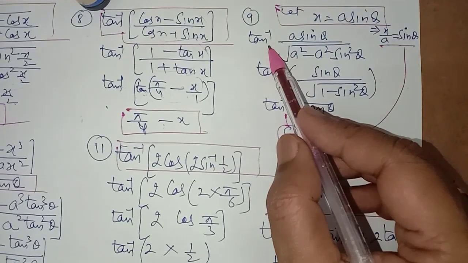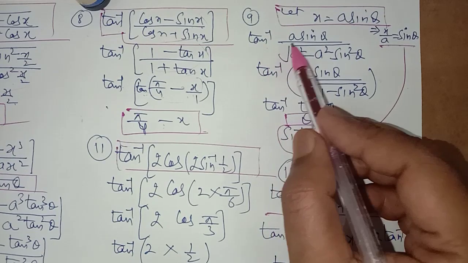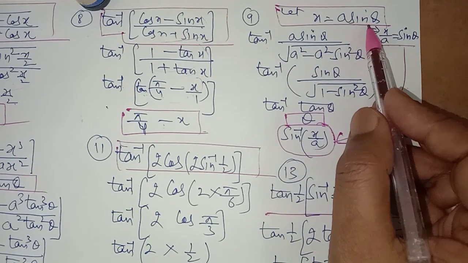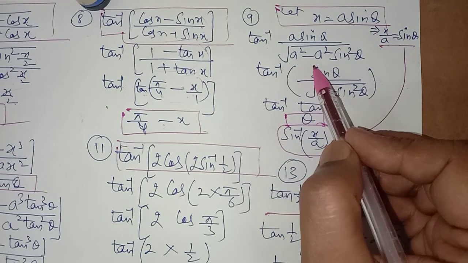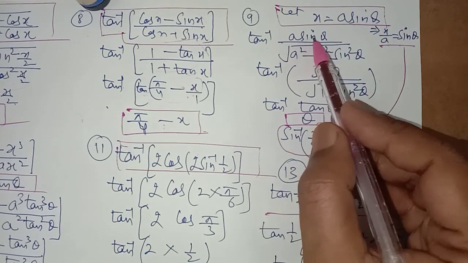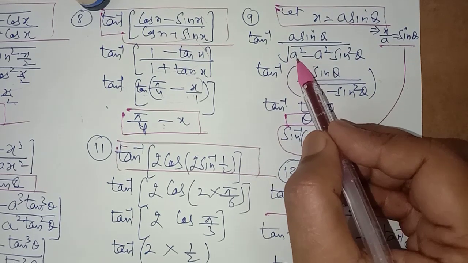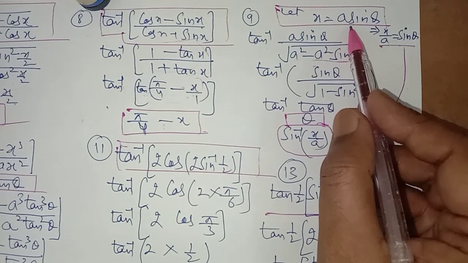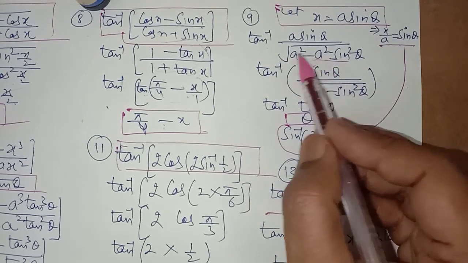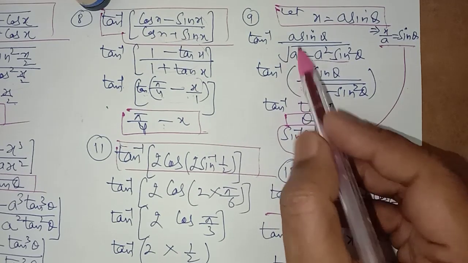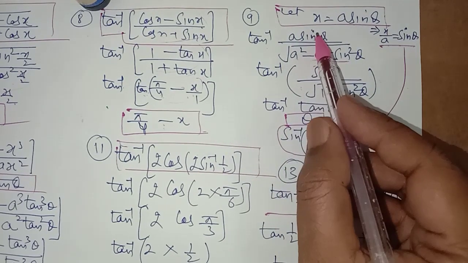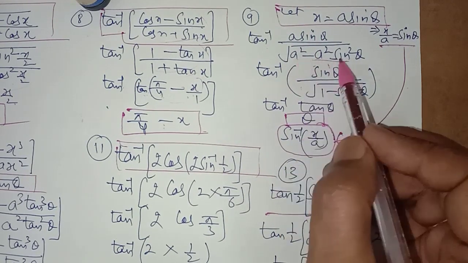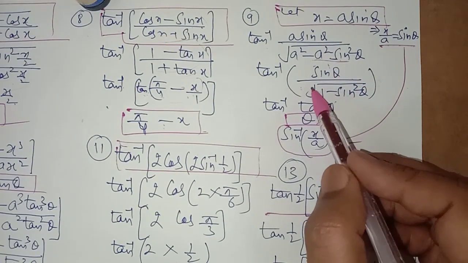Question number 9. Let x be equal to a sine theta in the numerator as well as in the denominator. You get a sine theta upon under root a square minus a square sine square theta. Replace the value of x by a sine theta. If you take a square common from the square root, the a cancels out. So it comes out to be sine theta upon under root 1 minus sine square theta, which is equal to cos theta.